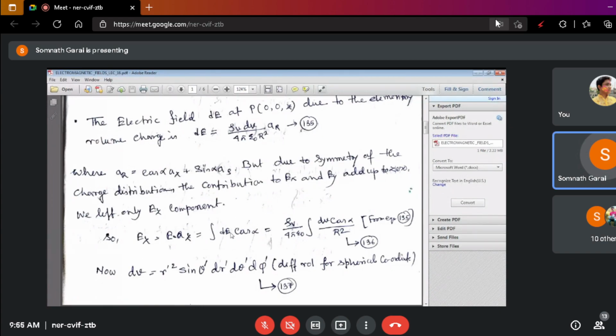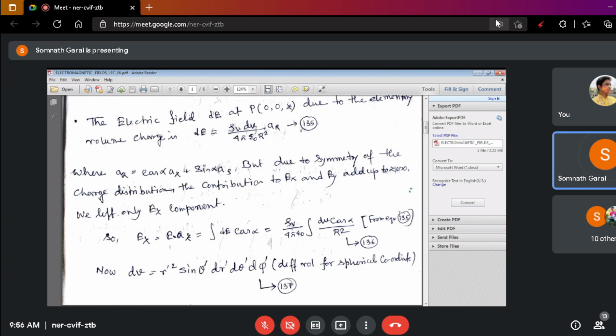Now dE we have already calculated in equation number 135: dE is equal to rho v dv divided by 4 pi epsilon naught r squared ar. Putting the value of dE in this equation, Ez becomes rho v divided by 4 pi epsilon naught, integration over dv cos phi by r squared, into ar.